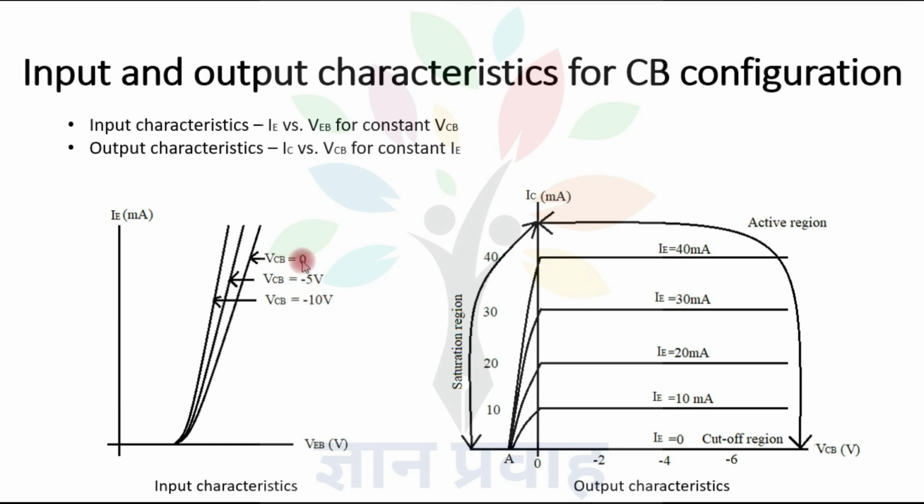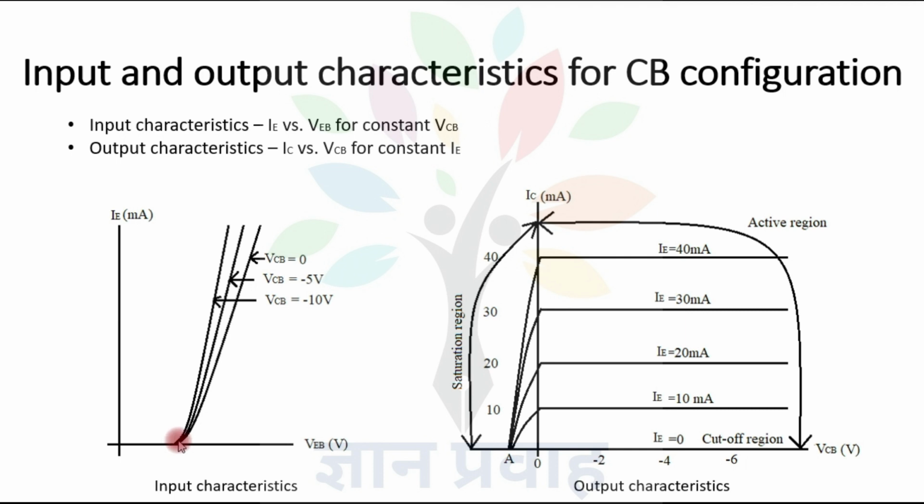So when VCB equals 0, it means we are not applying reverse bias voltage across the output side. So here the input side acts as a PN junction diode, and the input characteristic of CB configuration is the same as that of a PN junction diode. It means up to here the current is 0, and this point is called the knee point or cut-in point.